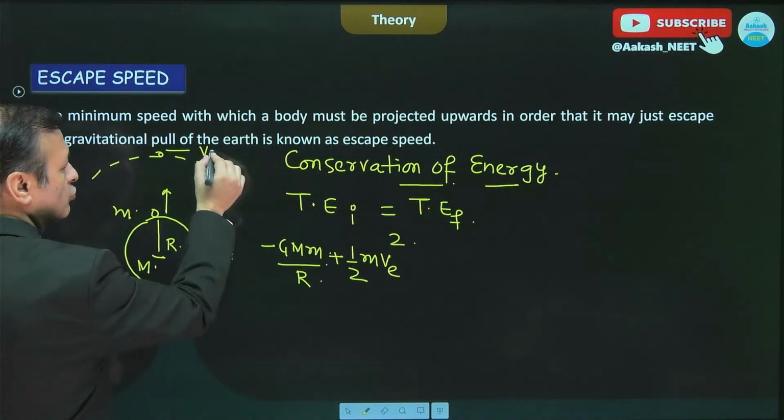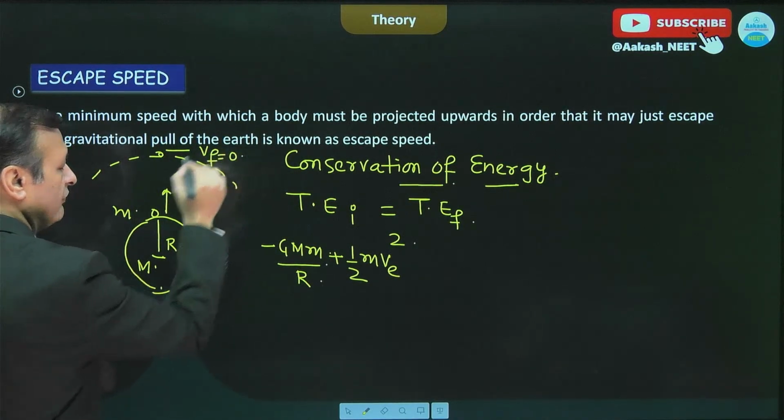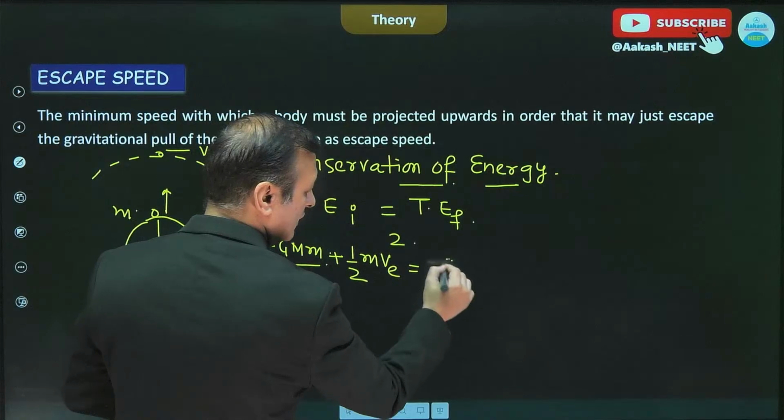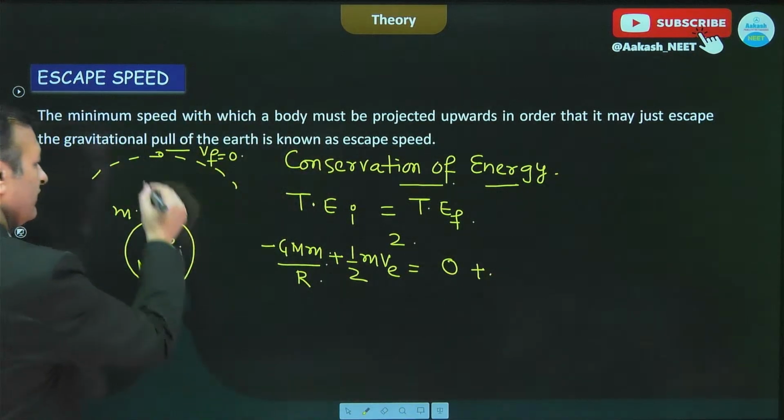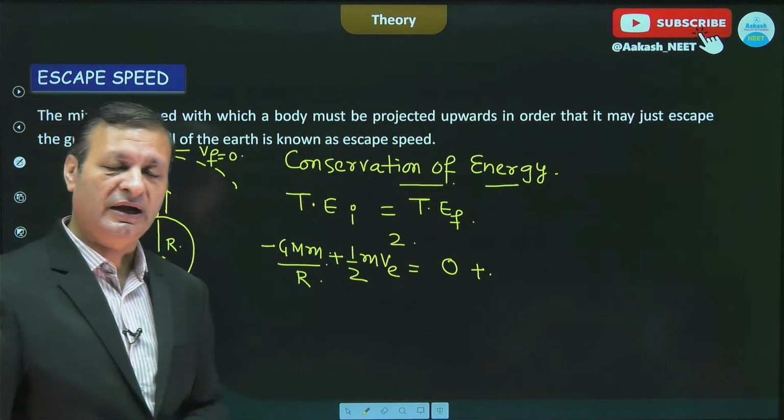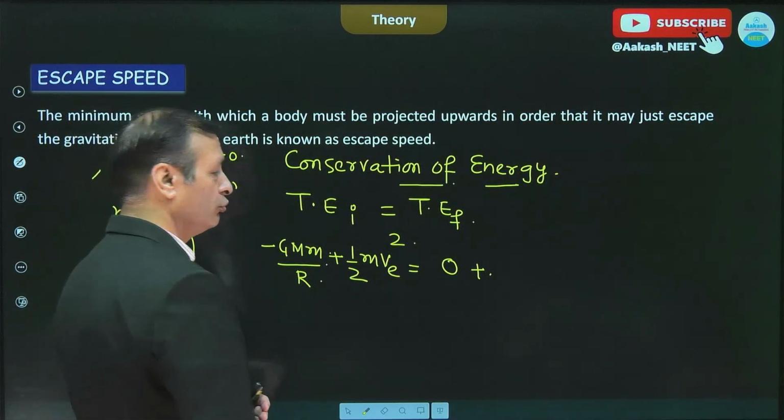When you say manages to reach here, it comes to rest, so final kinetic energy would definitely be 0, because this is outside the field region and assumed to be the 0 potential energy state.